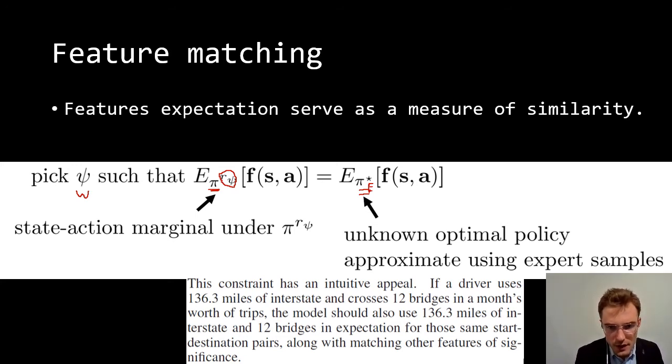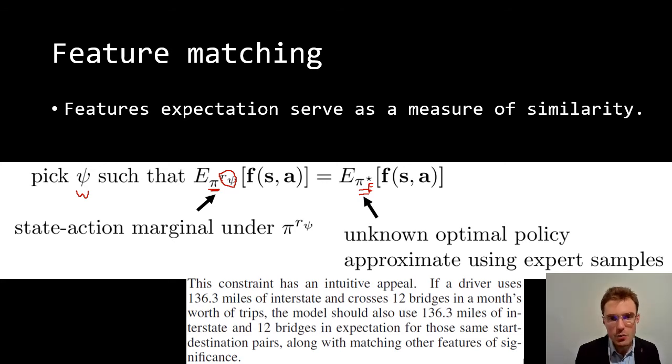If a driver uses X miles of interstate and crosses Y bridges in a month's worth of trip, the model should also use this X quantity of miles of interstate and this Y quantity of bridges in expectation for those same start destination pairs, along with matching other features of significance. So that's the intuition behind it.